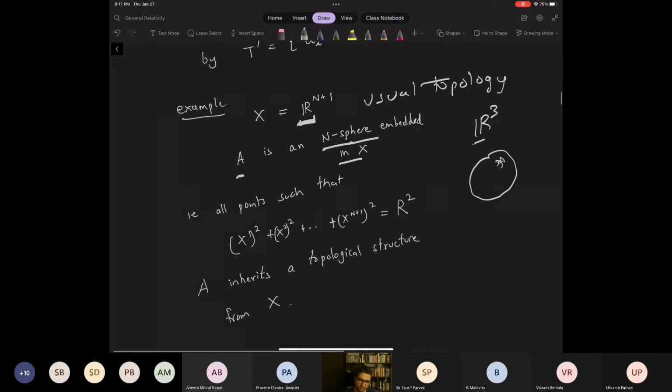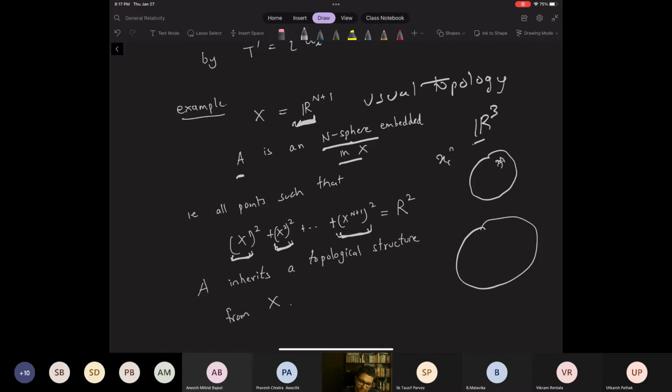The way to think about this is just think about the equation for the sphere. In my n plus 1 dimensional space, I take only those points which satisfy this equation: x1 squared plus x2 squared plus dot dot dot plus x(n+1) squared is some r squared. That will give me a generalization of this.